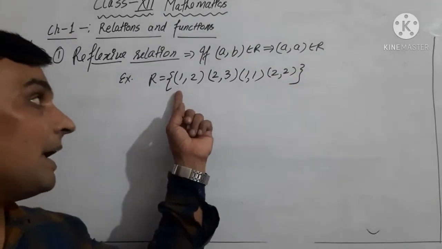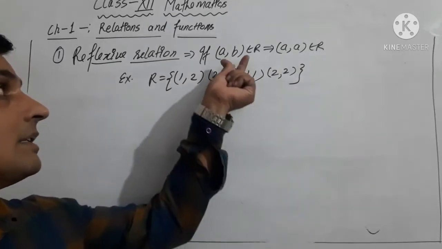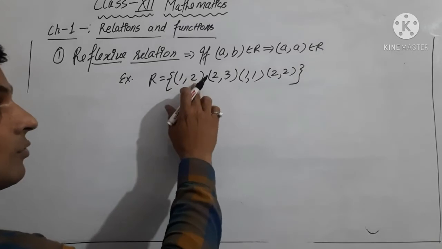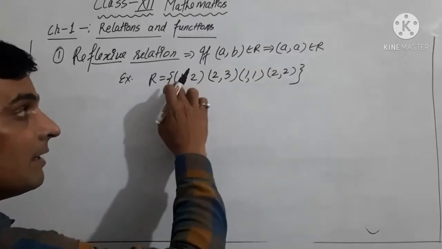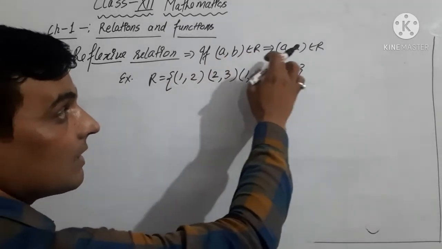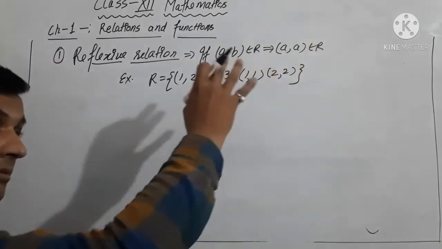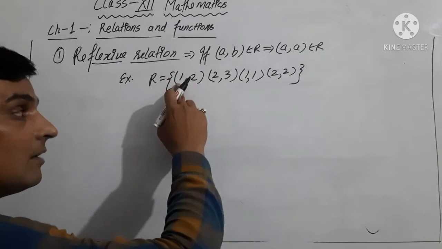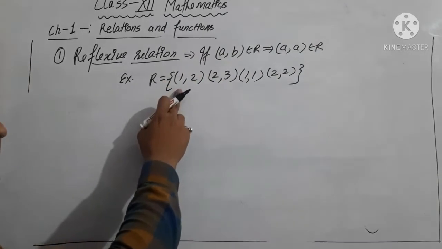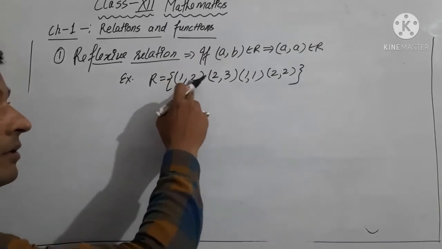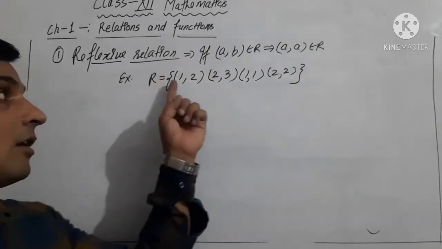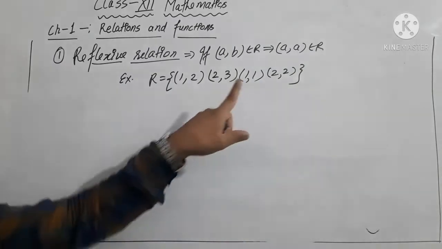Now we will check for every ordered pair this condition is true or not true. 1 comma 2 belongs to R, then 1 comma 1. A comma B belongs to R, then A comma A should also belong to R. If 1 comma 2 belongs to R, then 1 comma 1 should also be present in the relation, which is present in R.